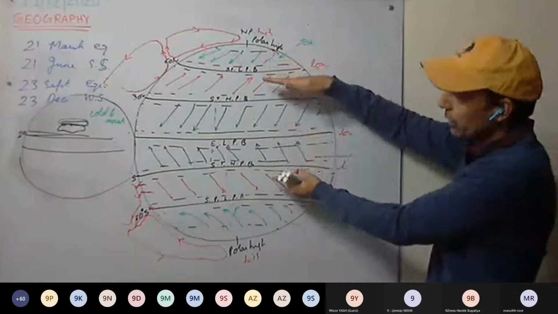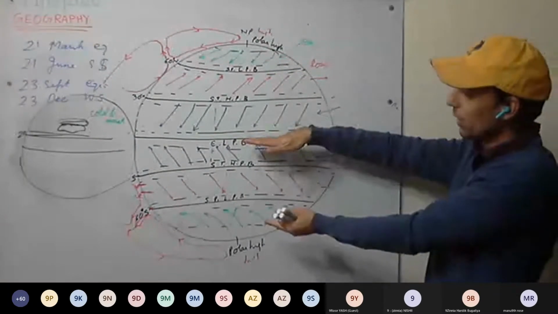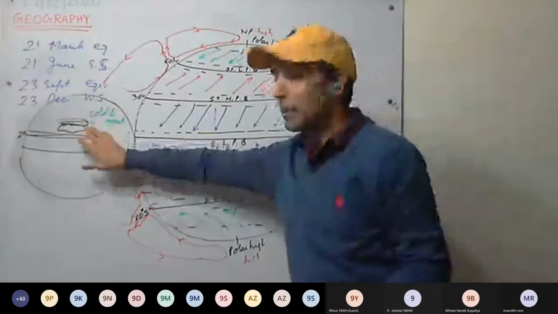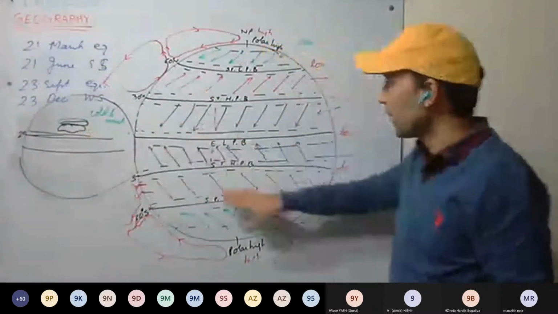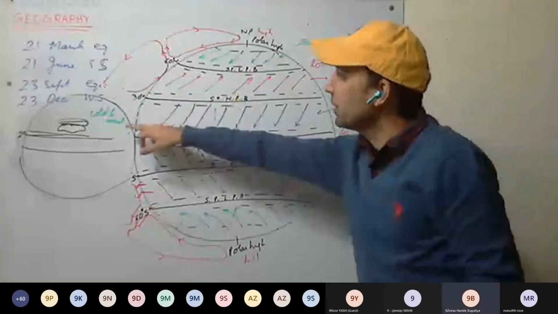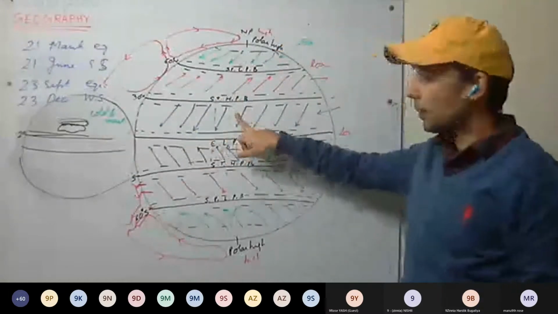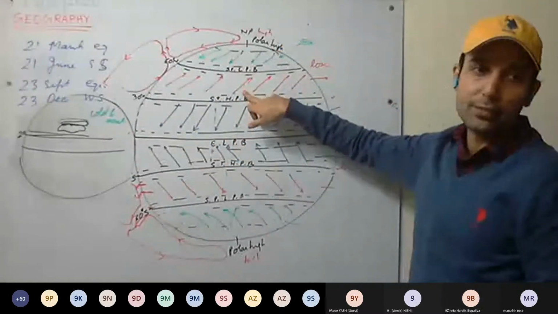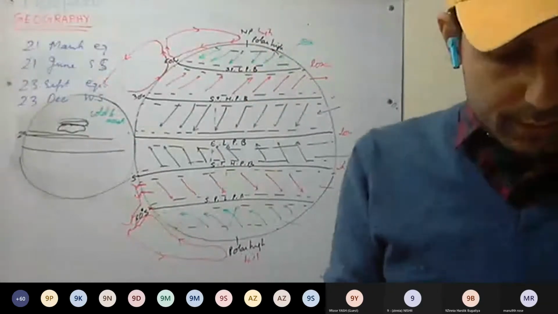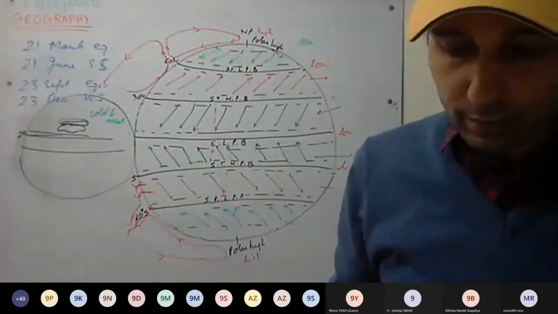This time the pressure belts shift towards the south. So the Mediterranean type of climate is clear, because of the shifting of pressure belts. In summer, the Mediterranean comes under the trade winds, and in winter it comes under the westerlies. So trade winds, westerlies, and polar easterlies are clear.